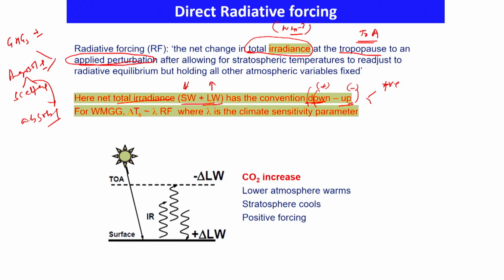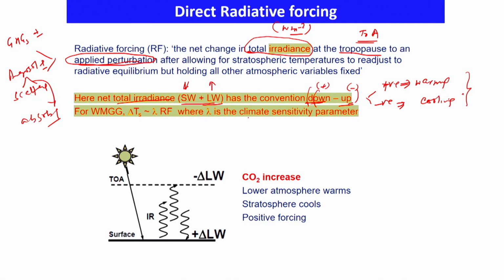If the difference is positive, it means down is more, so this energy is trapped in the atmosphere. In this case it will be called warming, and if it is negative, then it will be called cooling of the atmosphere.